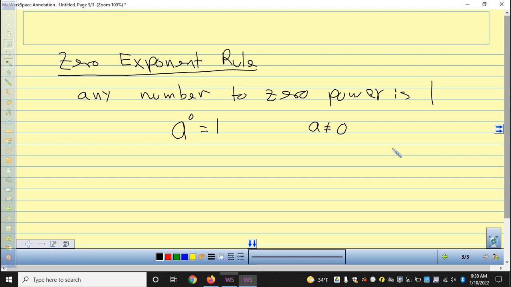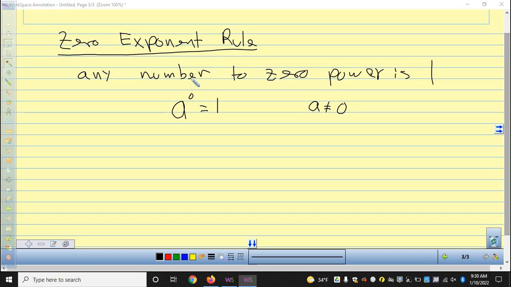You'll talk about that later in calculus. But we don't do 0 to the 0. Just like we don't divide by 0, we don't do 0 to the 0 power. So any number except 0 to the 0 power is 1.